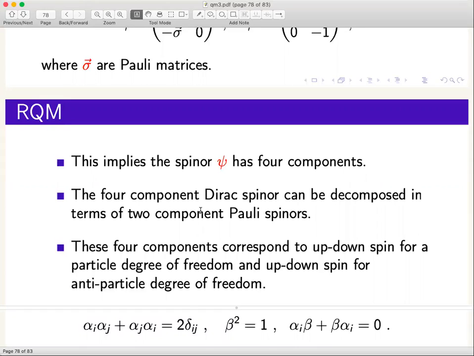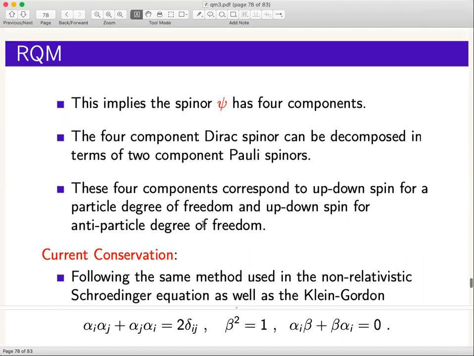Okay, so although Dirac wanted to get rid of the negative sign in the dispersion relation, he could not get rid of the concept of negative energy solutions. Okay, because the spinor that he actually lands up with does have antiparticle degrees of freedom.